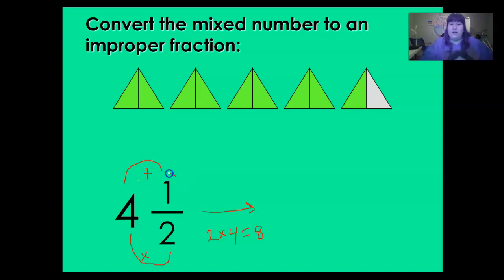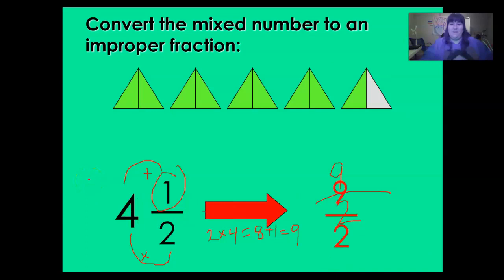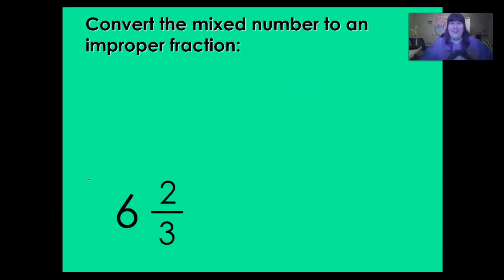Plus that numerator, because that's your extra piece. 8 plus 1 equals 9. All right, so our new numerator is 9, and our denominator stays the same. It was 2 in our mixed number, so it's 2 in our improper fraction. 4 1/2 equals 9 halves, or 9 seconds. We were right.